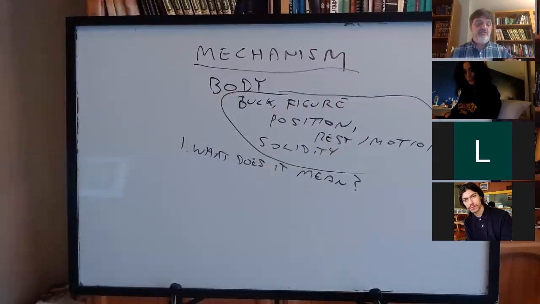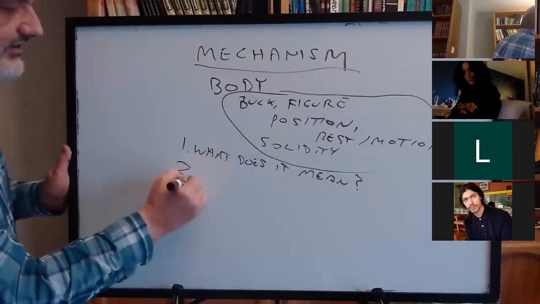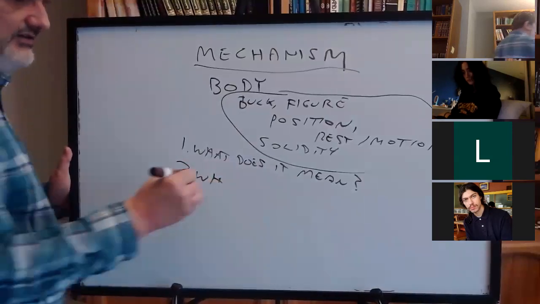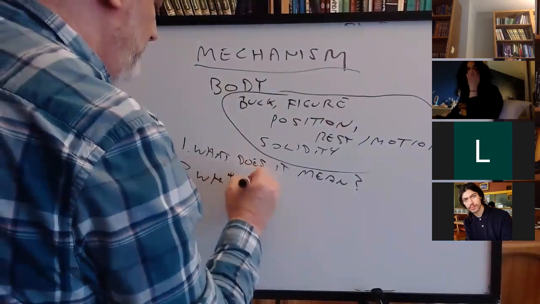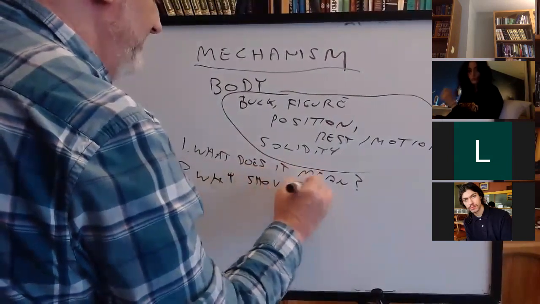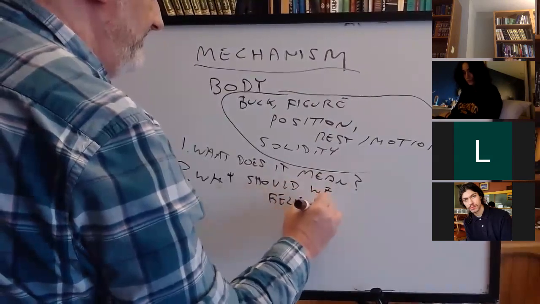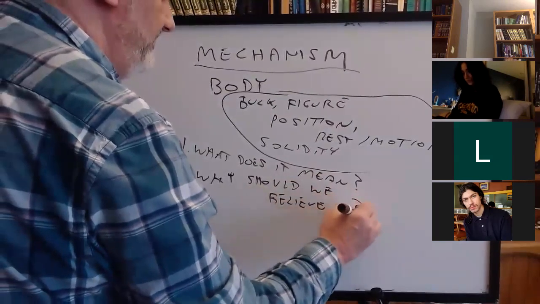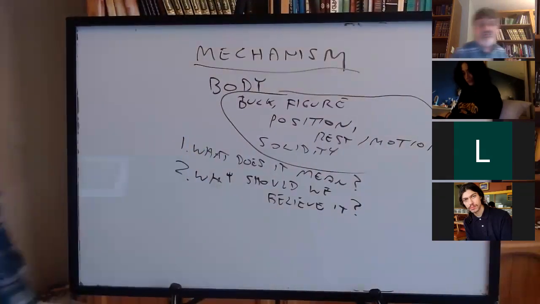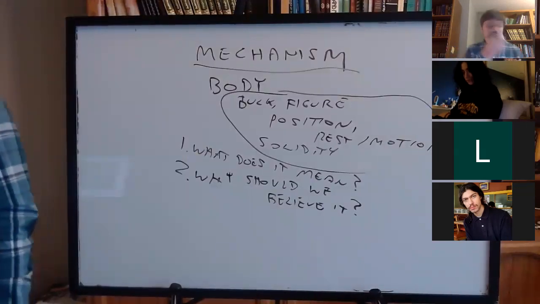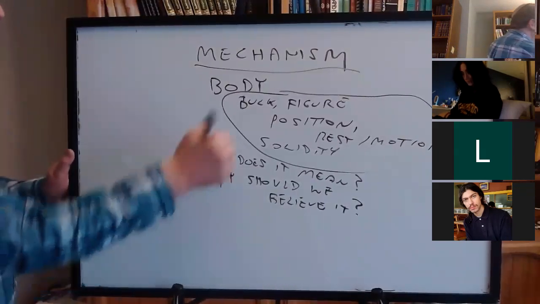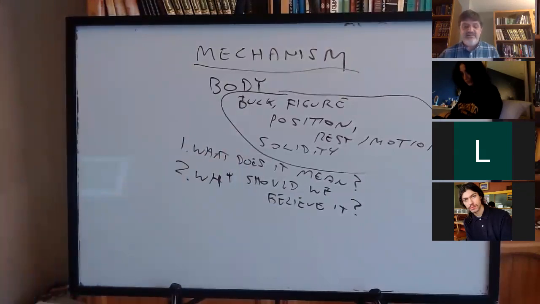And another question is, why should we believe it? Once you explain what the mechanists mean by saying that only these properties are really in bodies and the other ones that we think are in bodies are only in us, why think that's true?